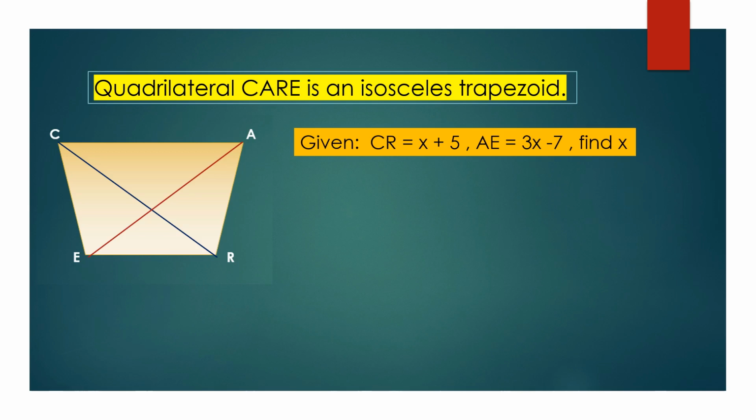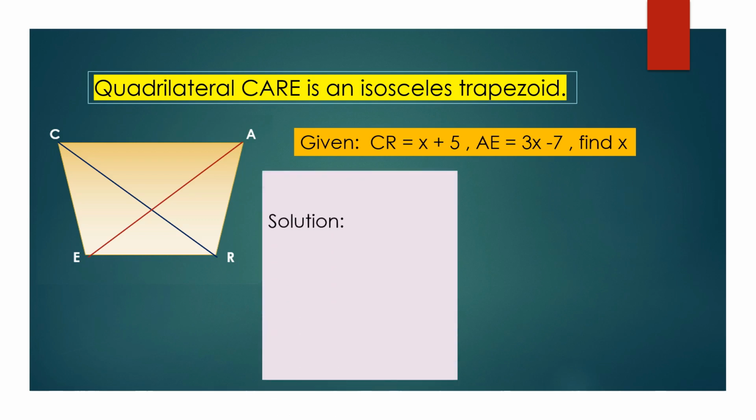So how are we going to solve this? What theorem applies in this problem? Since quadrilateral CARE is an isosceles trapezoid, its diagonals are congruent. So we can state that segment CR is congruent to segment AE. So if they are congruent, their measures are also equal.